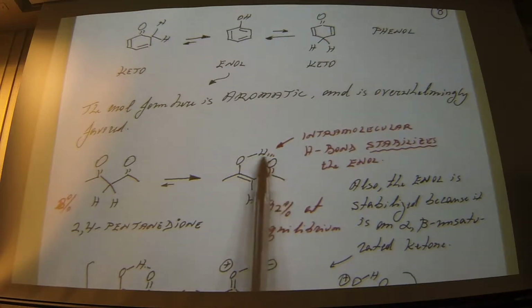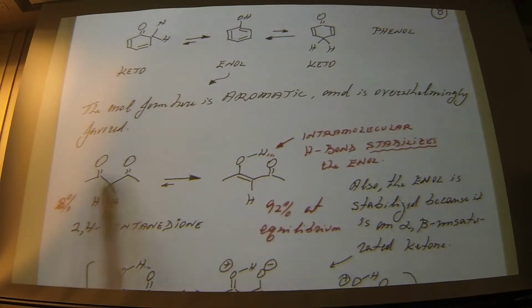If I draw the enol, it turns out that enol is stabilized by the intramolecular hydrogen bond of the enol hydrogen engaging the non-bonding electron pair on the carbonyl.